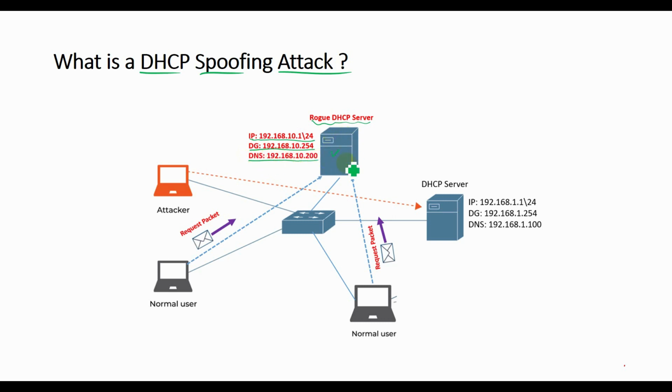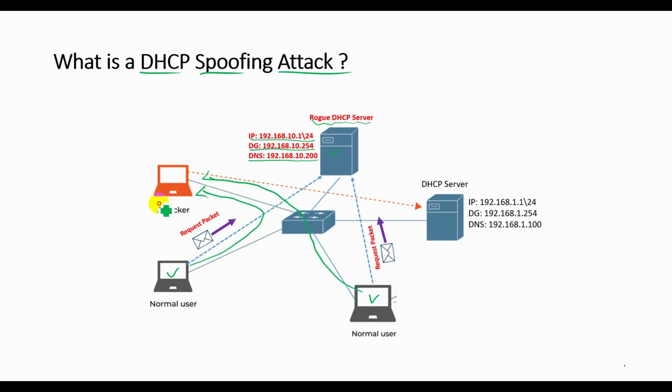Network attackers can now replace the original legitimate default gateway IP address and DNS server IP address with their own IP address. Once the default gateway IP address of the network devices is replaced, the network clients start sending the traffic destined to outside networks to the attacker's computer.